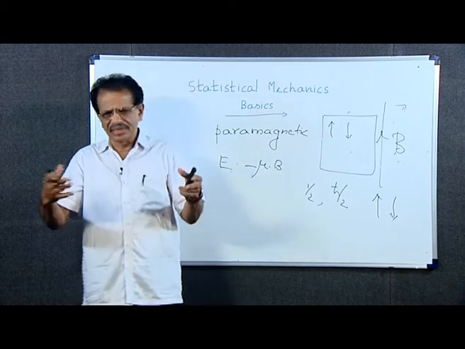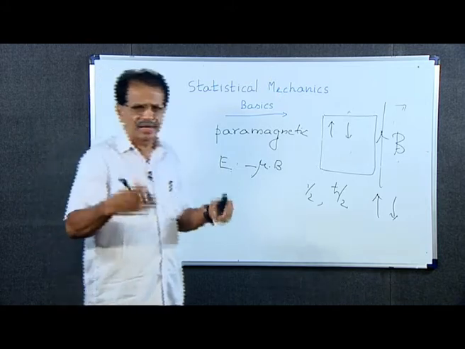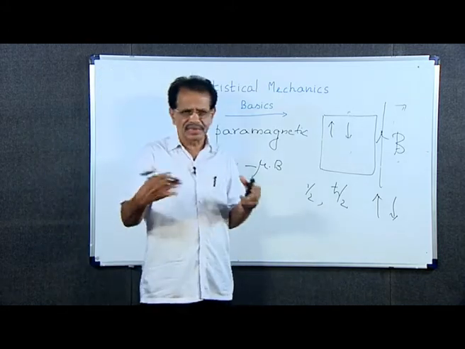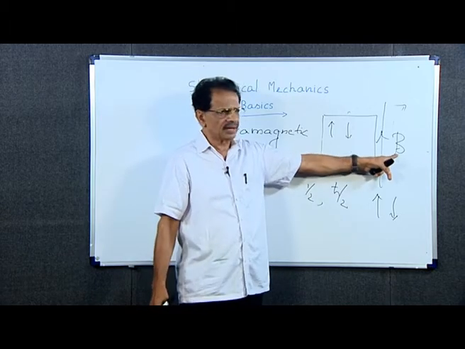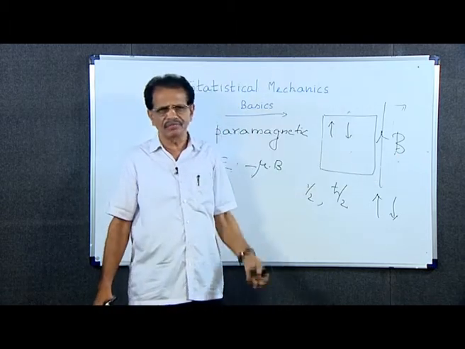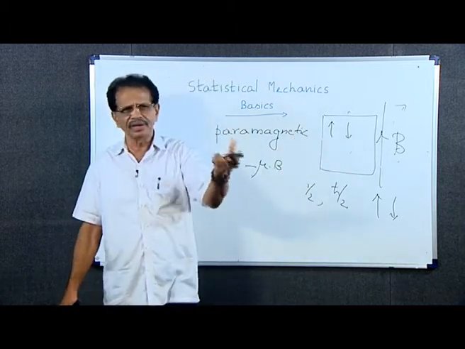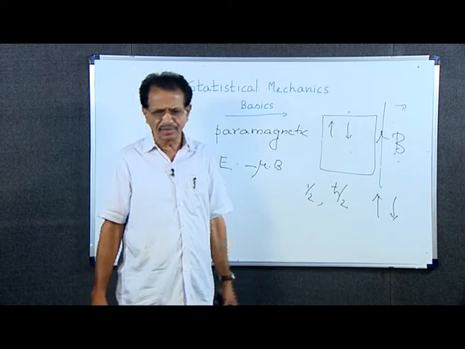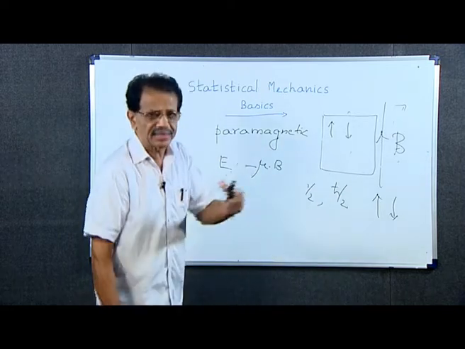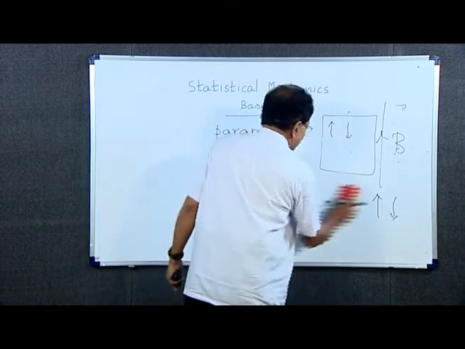Naturally, thermal effects will try to depolarize that, aligning them in the opposite direction, so depending on the strength, there will be polarization. So if B is very high, all of them will be aligned parallel to the field, or depending on the field, some of them may align parallel to the field and some of them opposite to the field.